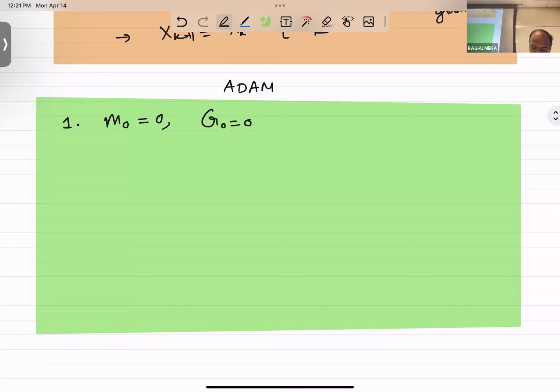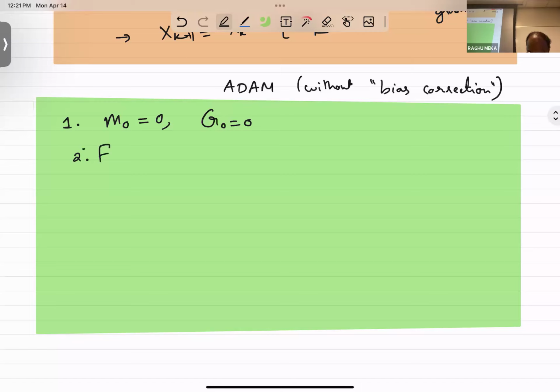And I should say this is ADAM without something called bias correction. It's not the same bias as you were talking about just a moment ago, but it's more to do with, okay, somehow we'll see initially it doesn't take momentum into account as well. So it's a minor fix to do that. But let's not worry about that.